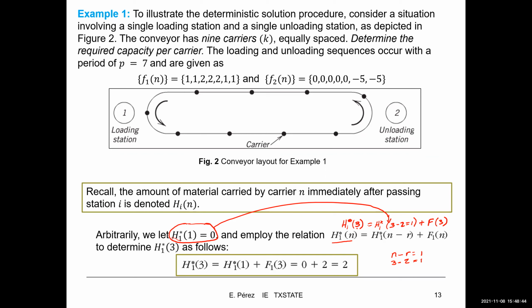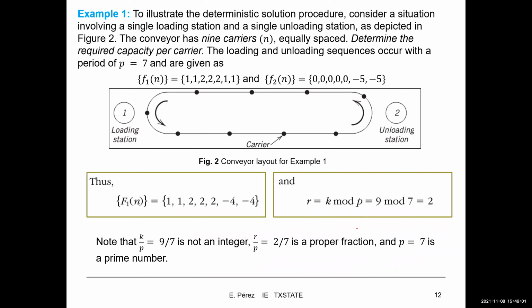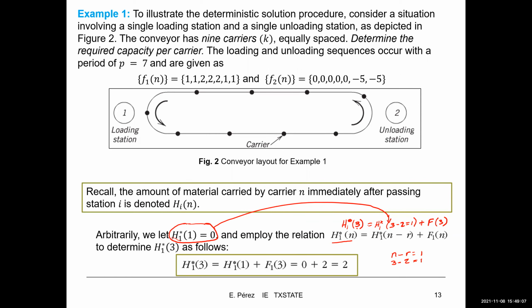So this expression becomes h1 star of 3 equals h1 star of 1 plus f1 of 3. That's equal to 0, which is this value, plus f1 of 3, which we already found, 1, 2, 3, equals 2. So this is equal to 0 plus 2 equals 2. So my h1 star of 3 equals 2.